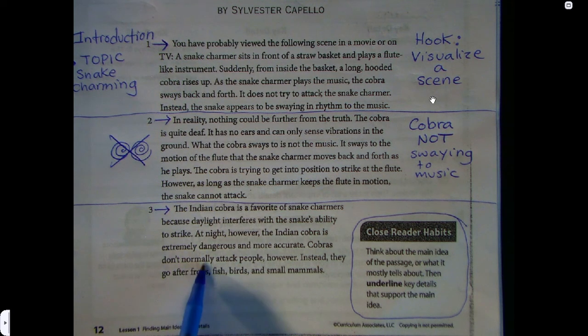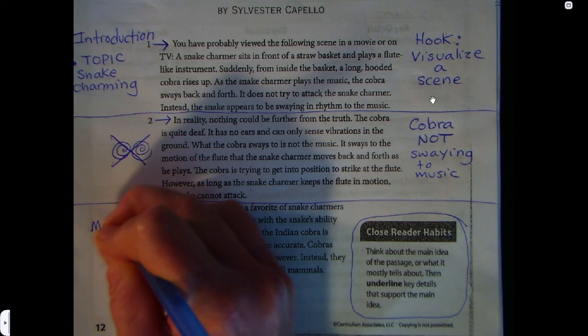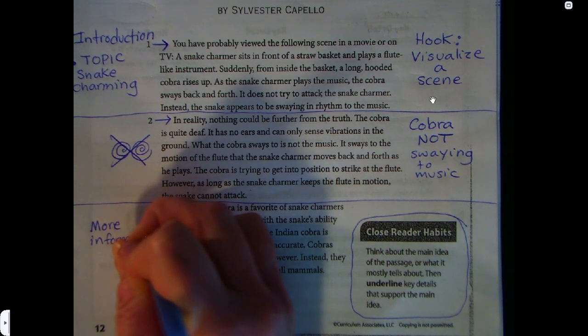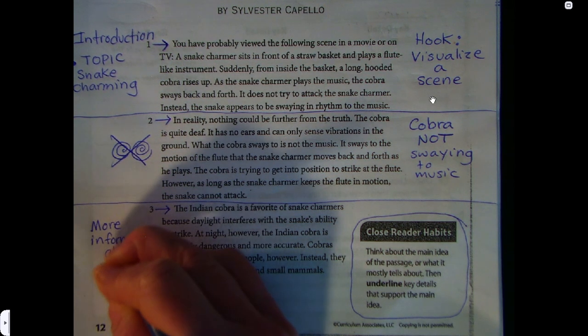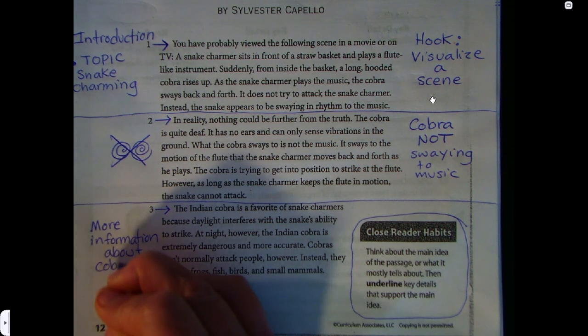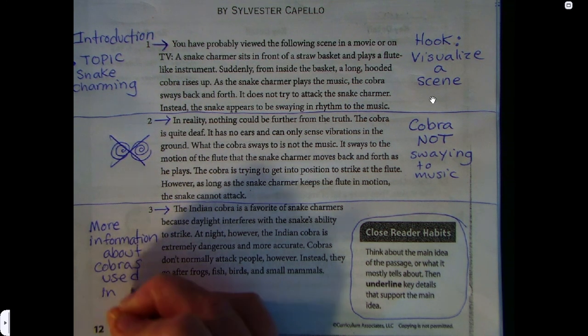It also tells me that cobras don't go around just attacking people randomly. You've got to kind of tick it off, right? To me, this is giving me more information about cobras used in snake charming.